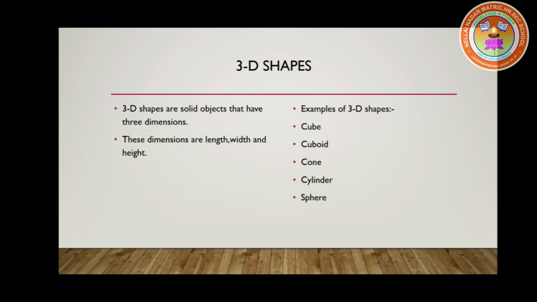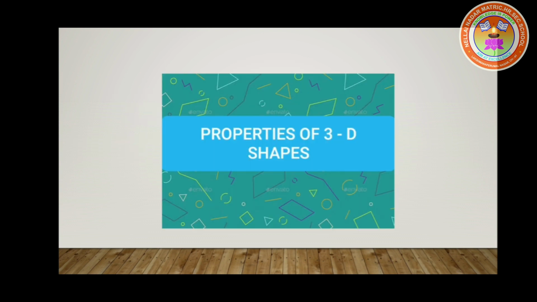I'll repeat once again. 3D shapes are solid objects that have three dimensions. These dimensions are length, width, and height. The examples of each shape we will be seeing in the further class. Okay. Now let us move on to the properties of 3D shapes.